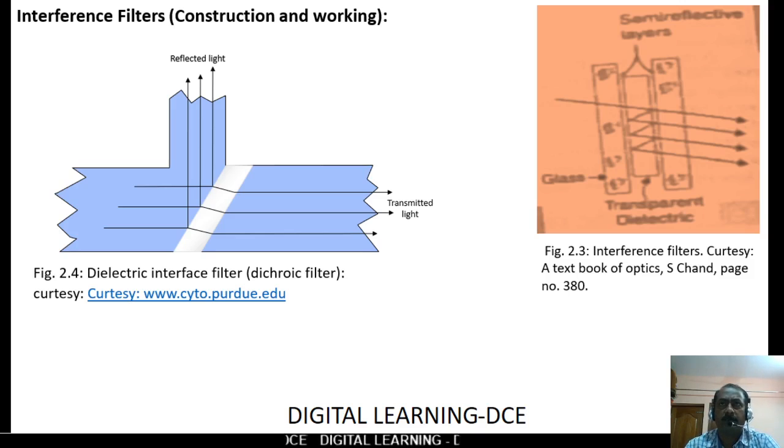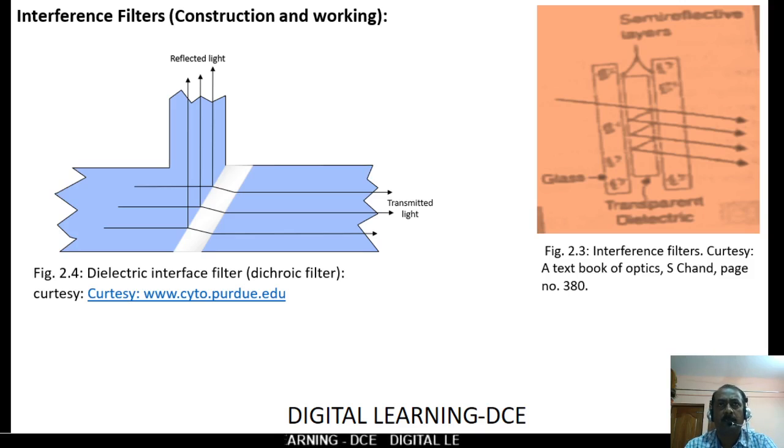The sharpness of the transmitted spectrum is determined by the reflectivity of the metallic structure. The higher the reflectivity, the narrower is the transmitted spectrum.